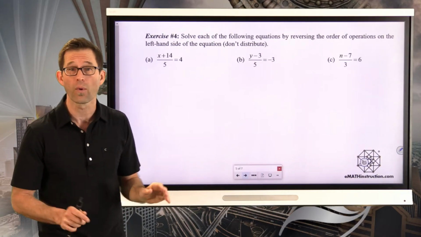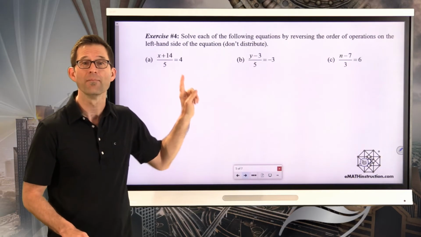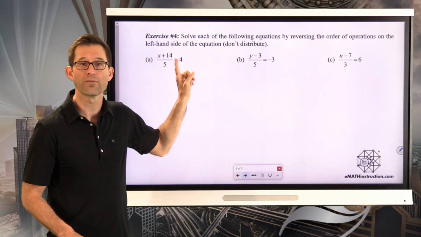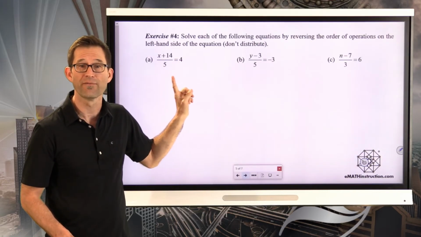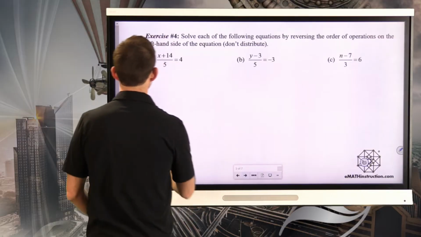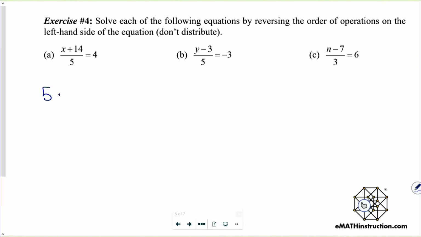So instead of doing that, I look at the structure and I go, x has 14 added to it first, and then that result is divided by 5. So the first thing I'm going to do to solve this equation is multiply both sides by 5 to undo that division by 5. Those cancel.